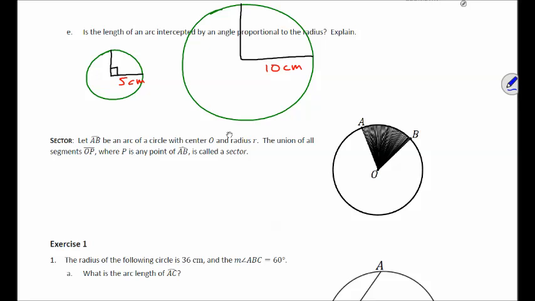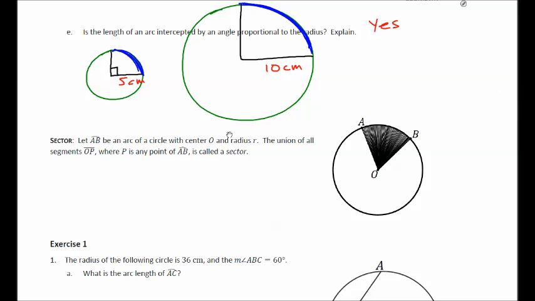The question is, would this arc length be proportional with the radius to this arc length? And because they are both lengths, the answer would be yes.